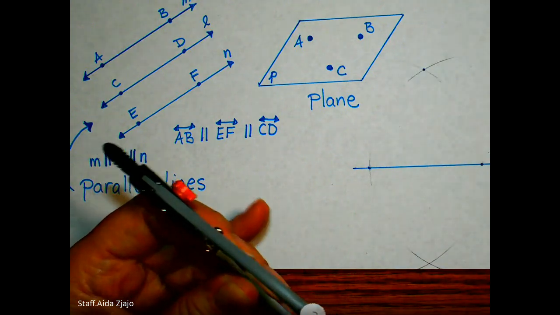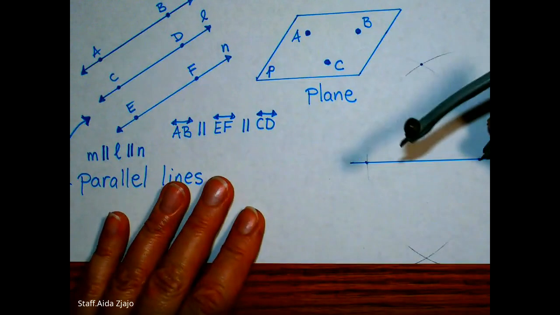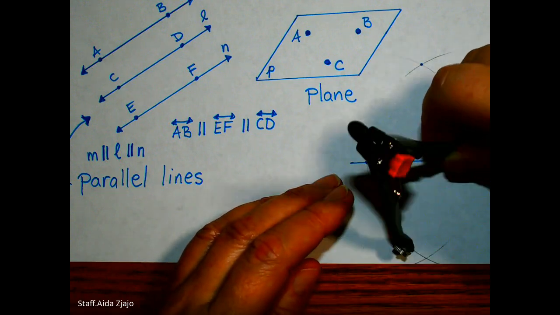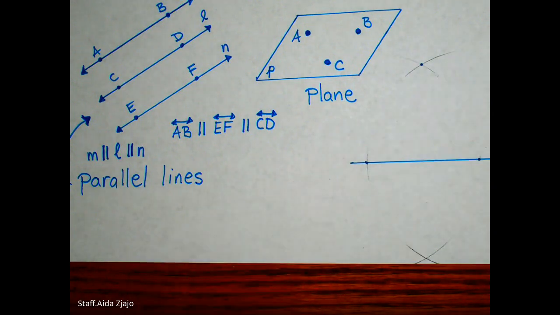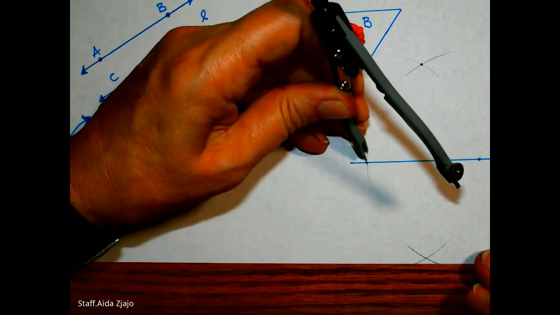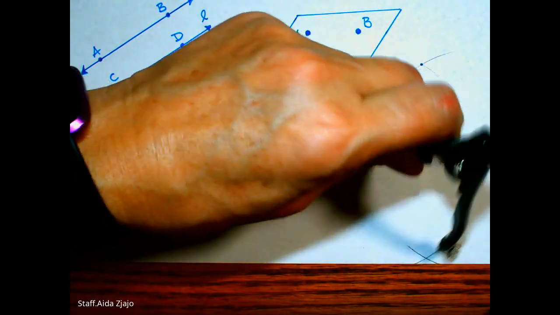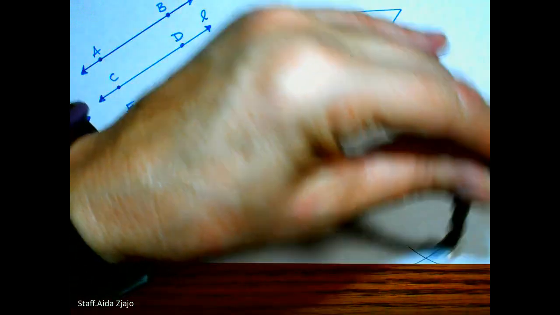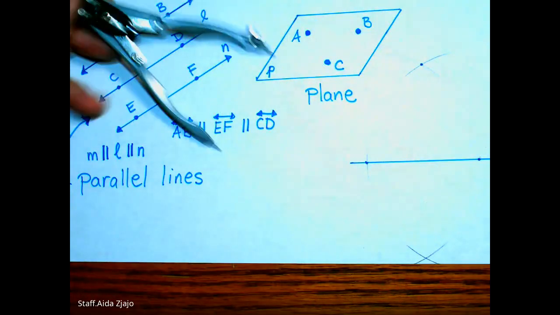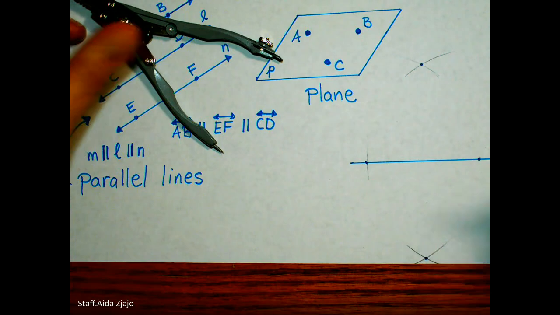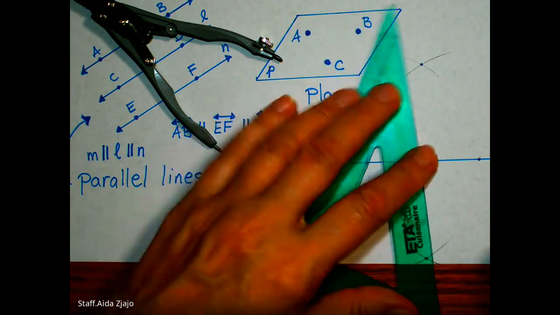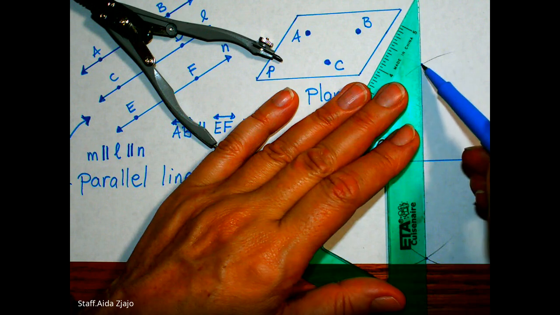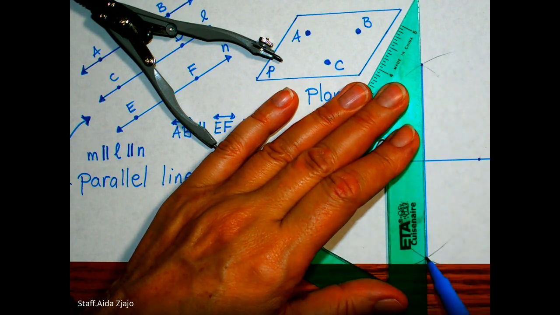Then I will do the same on the bottom of my line on the opposite side. So I draw an arc from one side, and another arc from the other side, and I have another point. So here we go. I got my second line, and these two lines have to be perpendicular lines.